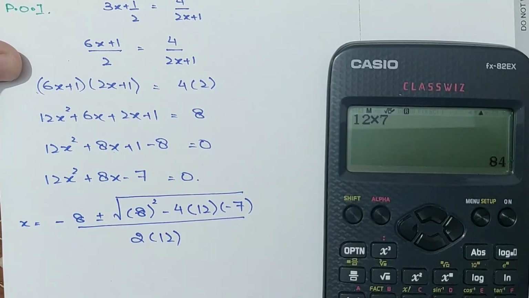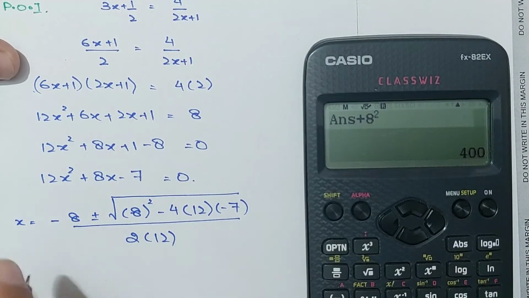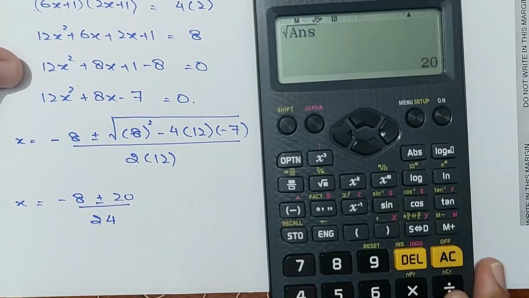Simplify. Minus 4 times 12 times minus 7, and add 8 square, is 400. So here we have x equals minus 8 plus minus square root of 400, that is 20, over 24, because 2 times 12 is 24.